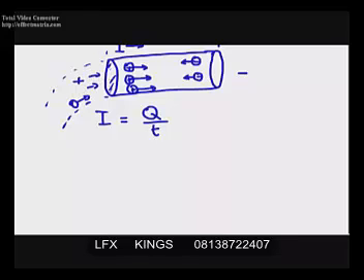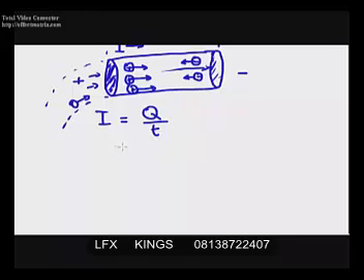They flow into this cross-sectional area, past it, and go to this other part. So the total amount of charge that passes through this cross-sectional area, divided by the time it takes that amount of charge to cross through that place, is the current. So current is equal to charge divided by time.